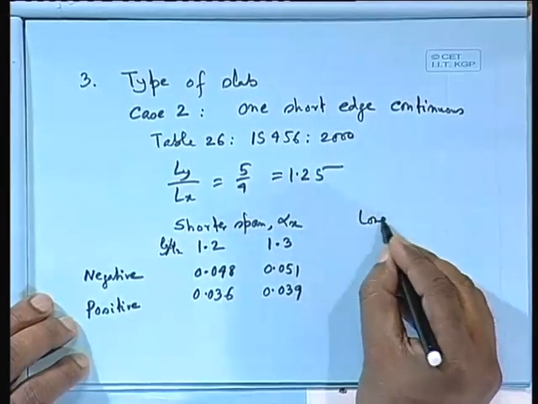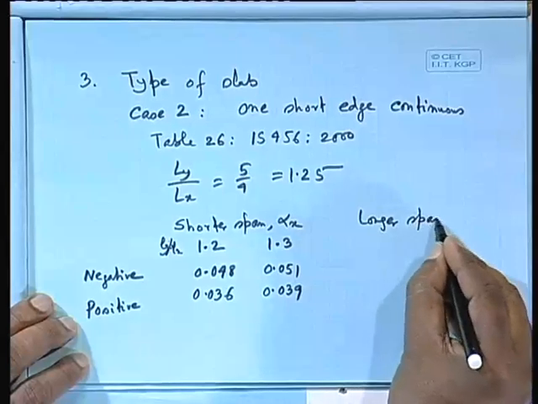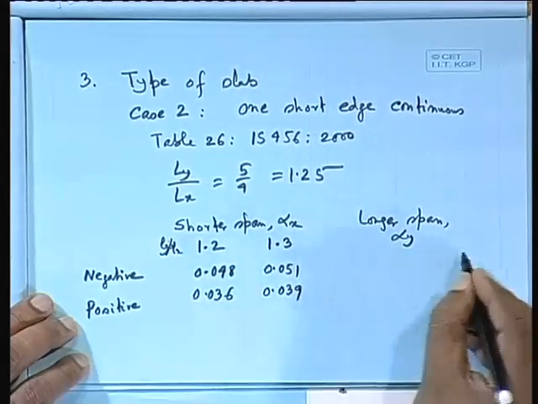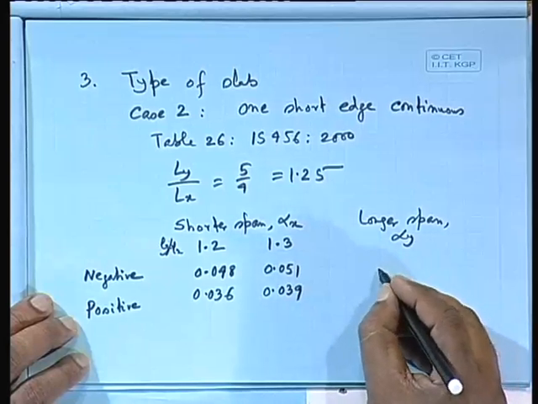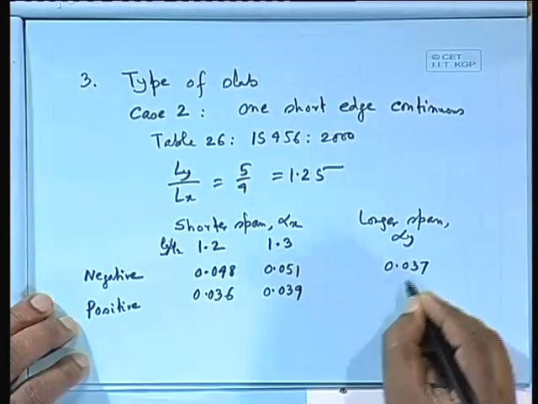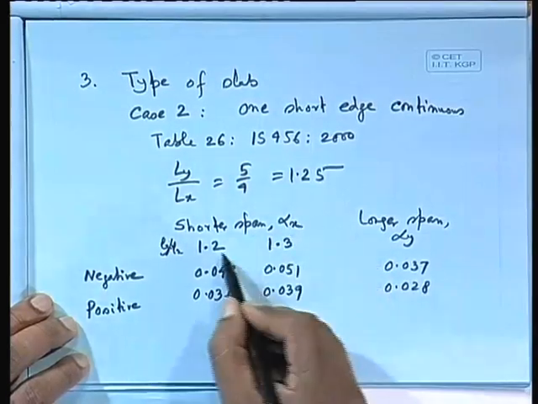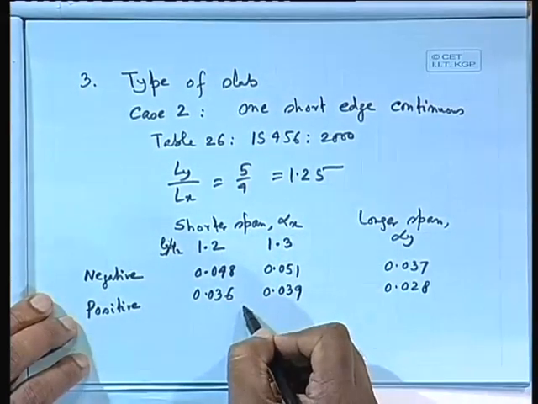Longer span alpha y, that is same for any Ly by Lx, 0.037 and 0.028. So for 1.25 we have to find from linear interpolation.